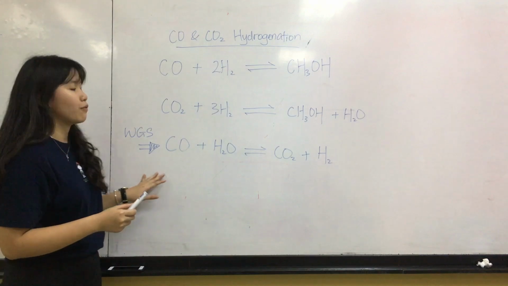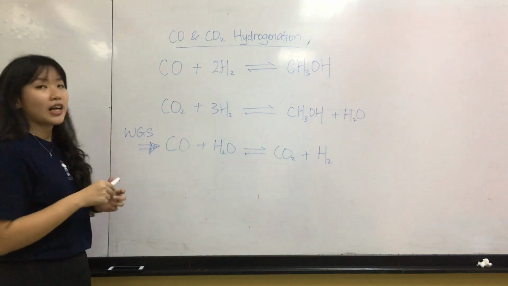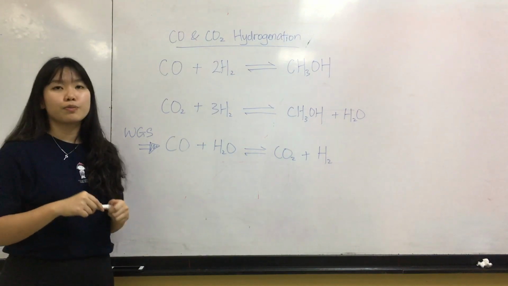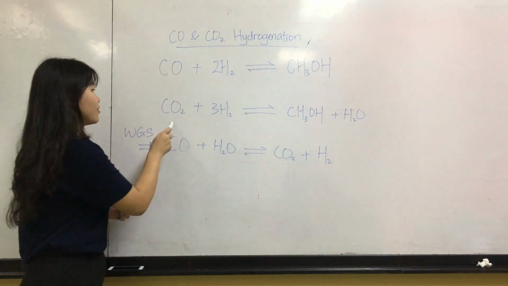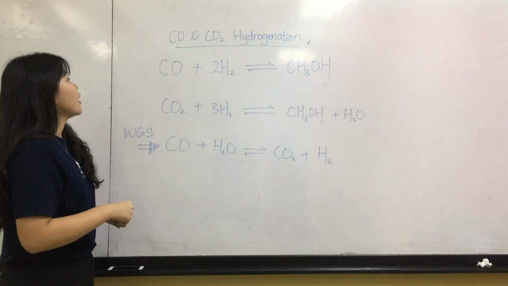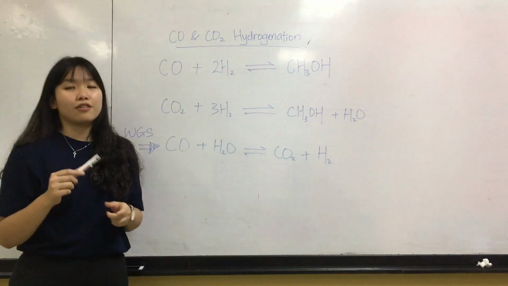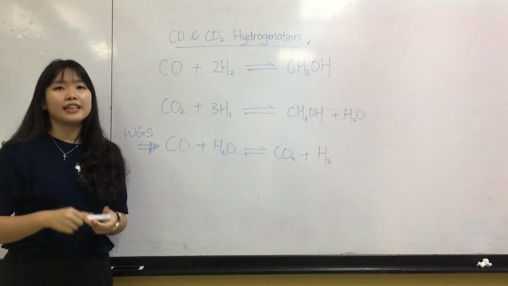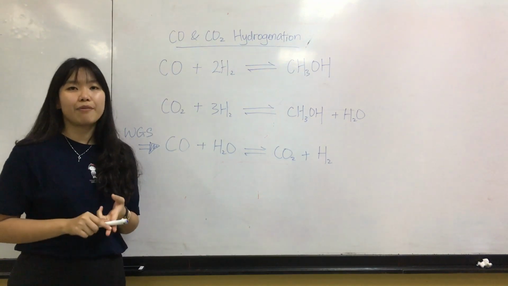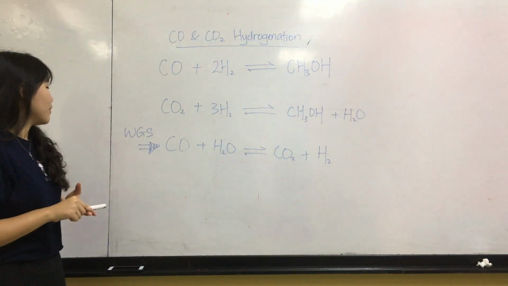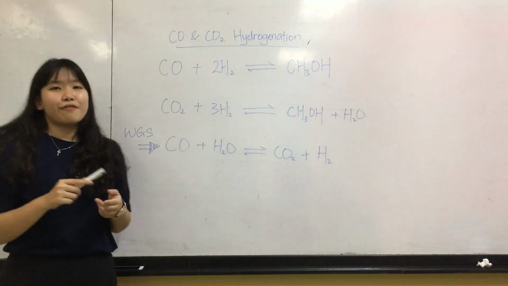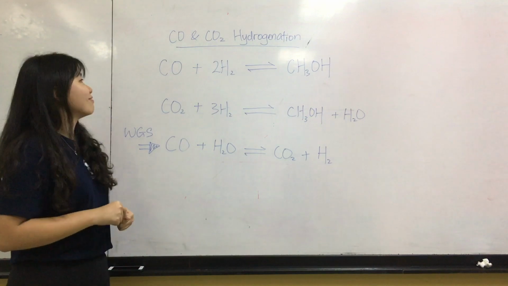The third reaction is the water gas shift reaction, in which the carbon monoxide reacts with water to produce carbon dioxide and goes back to the carbon dioxide hydrogenation. The first two reactions are endothermic, for which low temperature and high pressure are usually favorable, and the water gas shift reaction is exothermic.